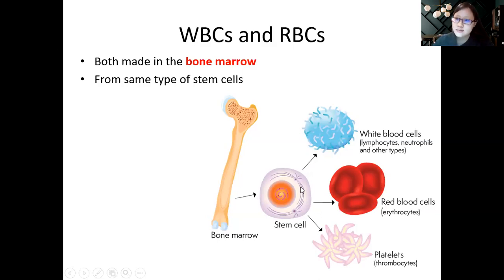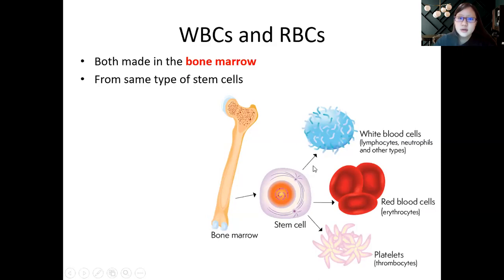So this is a stem cell, and if you remember in chapter 5, when we learned about the stem cell, it is an undifferentiated cell that can divide limitlessly, can divide many times, and give rise to a differentiated cell and also renew itself. You can go back to chapter 5 to revise this part.